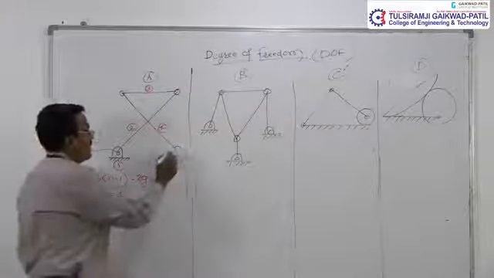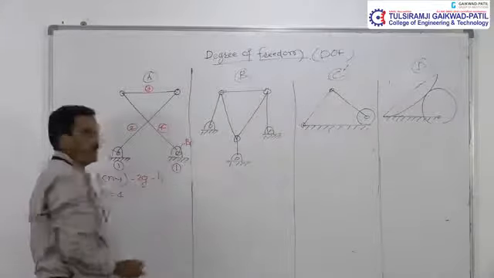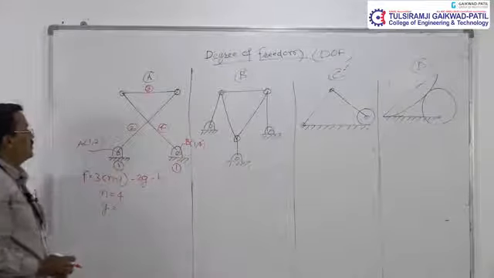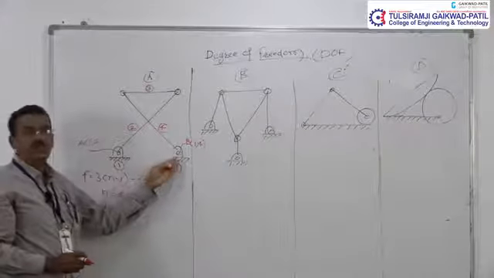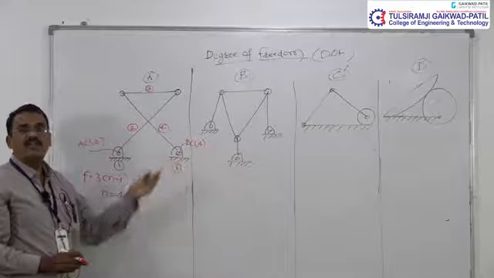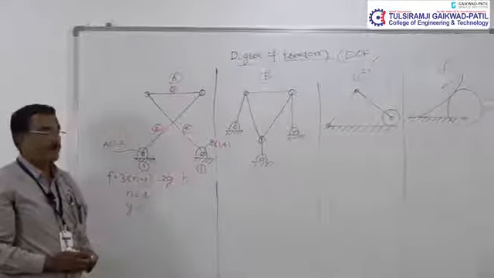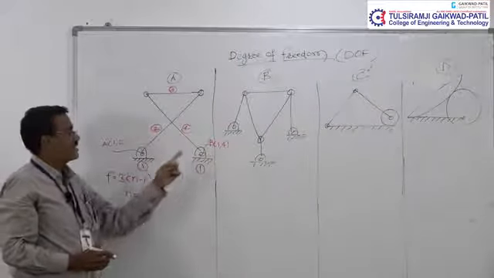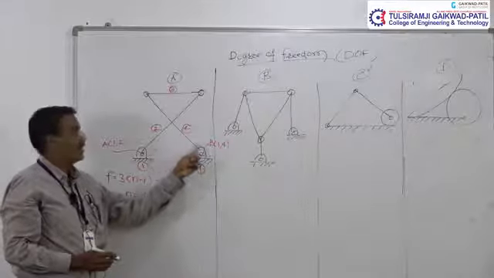Now this is another lower pair B which is formed by the interaction of link 1 and link 4. A is a rotary pair, B is another rotary pair. We can also call them lower pairs because there is a surface contact between link 1 and link 2. In the same way, there is a surface contact between link number 1 and link number 4.